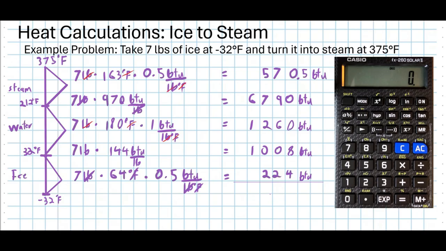So on my calculator, I'm going to take my 224 plus 1,008 plus 12,060 plus 6,790 plus 570.5, and that's going to give me a total of 9,852.5 BTUs.